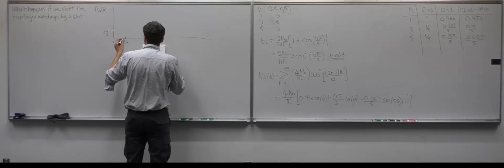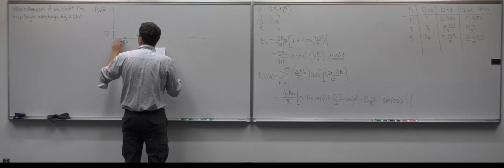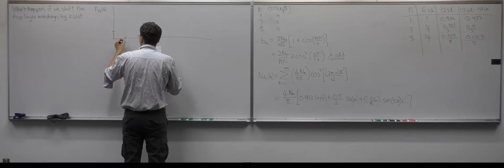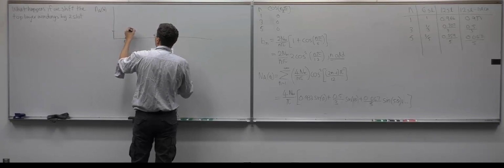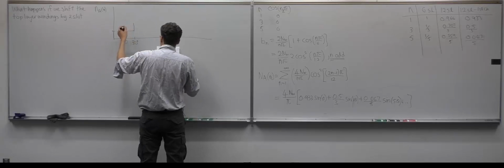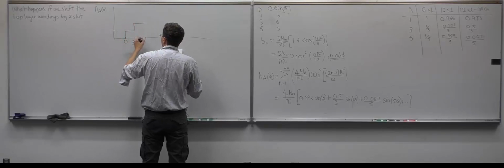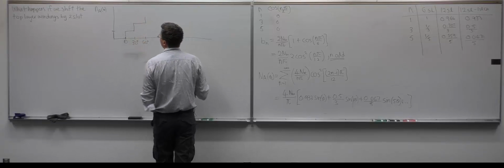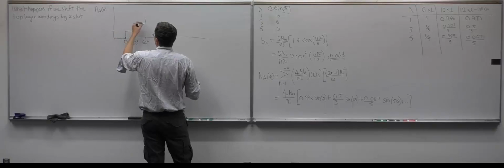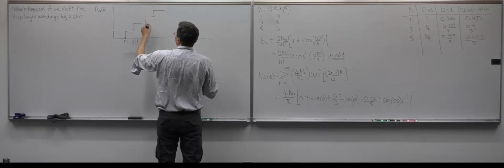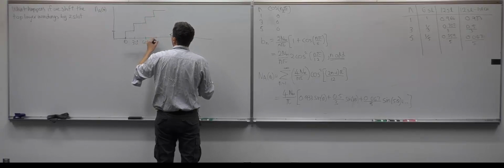Let me start this at slot 1 being here, so this is 0 degrees. Then we go across to 30 degrees, and then across to 60 degrees. Then we go up again, this is 90 degrees.